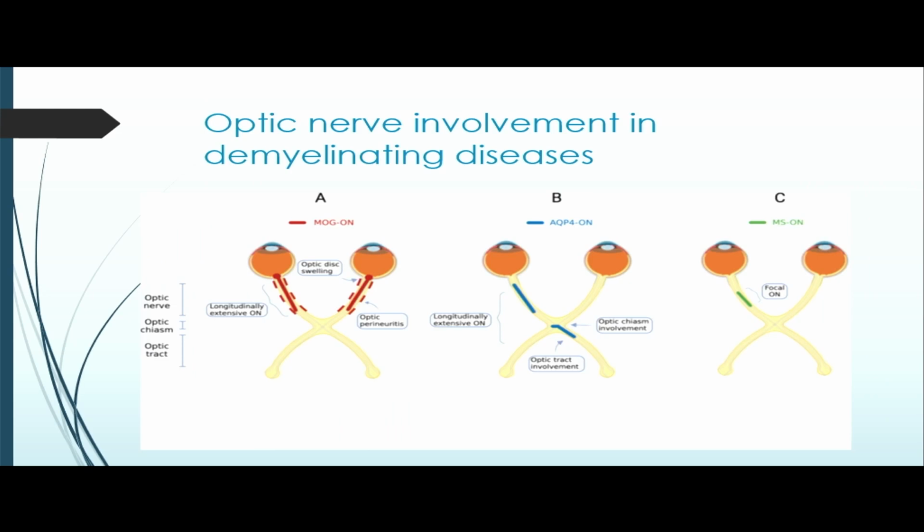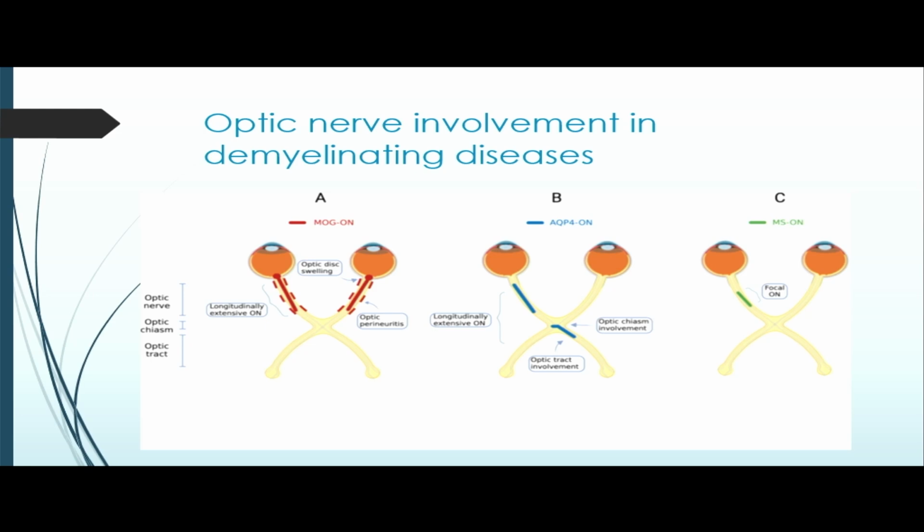So this is the common optic nerve involvement in common demyelinating diseases. First is multiple sclerosis, in which a focal segment of the optic nerve is involved. NMO, which is aquaporin antibody positive, involves a longitudinally extensive optic nerve plus optic chiasma or optic tract. While MOG involves the extensive optic nerve, optic disc swelling and optic perineuritis, which presents as perineural enhancement.